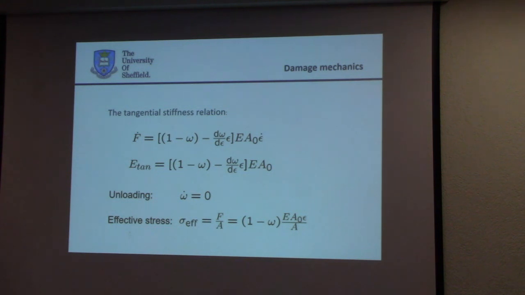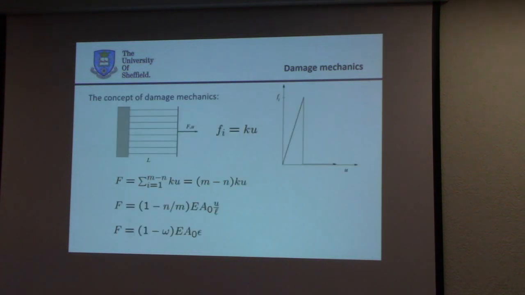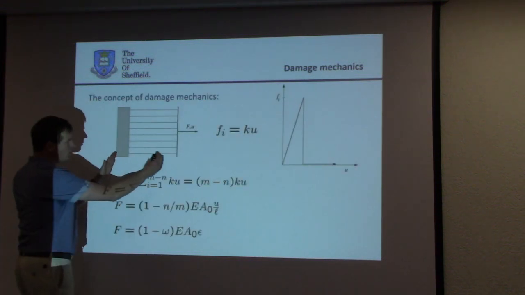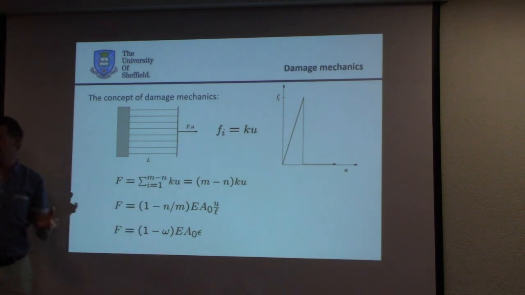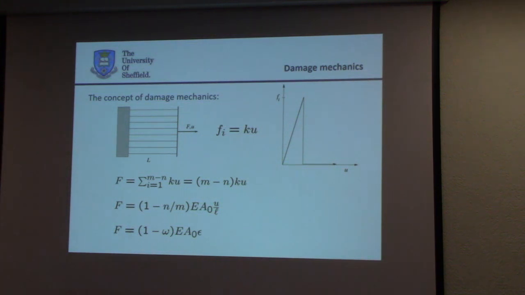Now, again, we have this loading, unloading condition I talked about in the previous lecture. Because suppose that we load and load and load until a number of bars have been broken. So omega has a certain value, and at that moment we start unloading. I mean, the bars will not unbreak again, they will not heal. So they will remain broken.